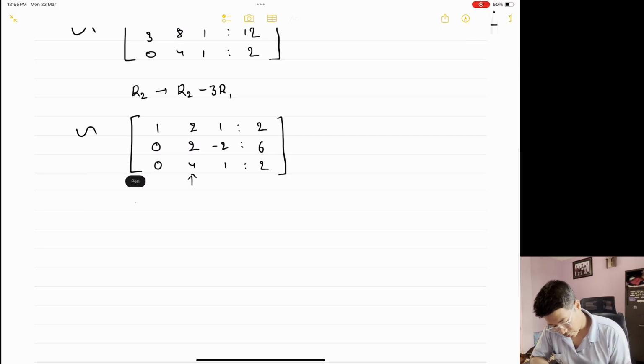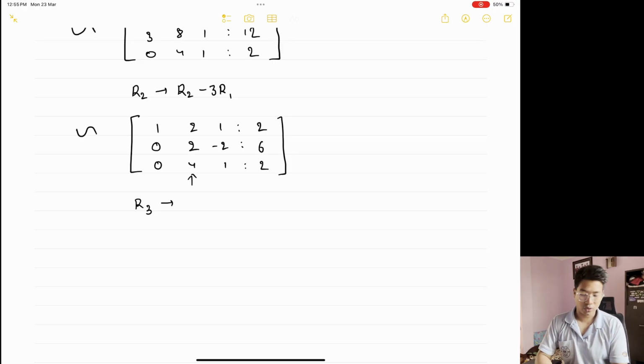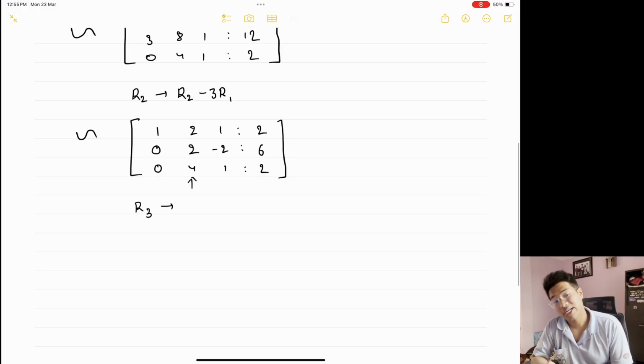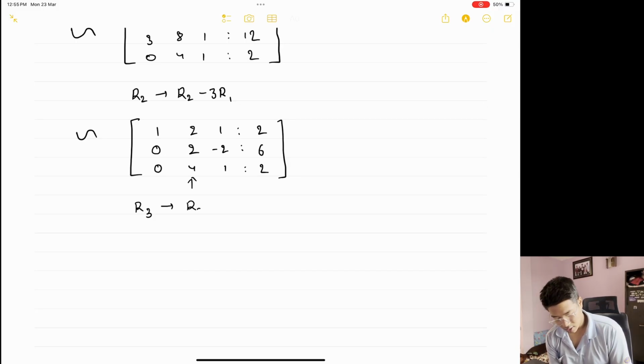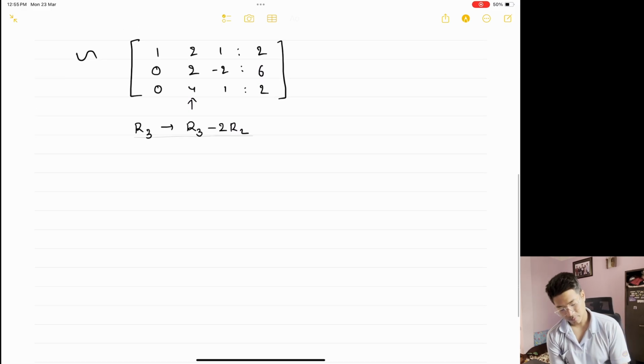And the way I would do that is I'm going to do R3, and I'm going to use the second equation to do it, because the second equation already has a 0 in front, which means that anything I do to this won't affect this first one. So I'm going to do R3 is basically R3 minus 2R2.